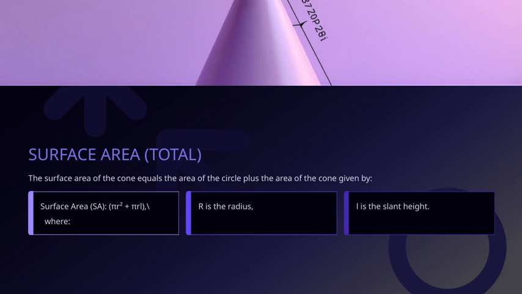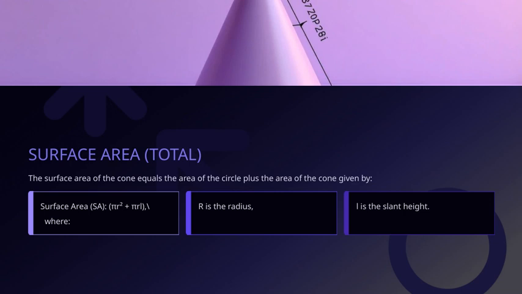The total surface area is then the sum of these two parts. The formula we use is surface area, or SA, which equals pi times the radius squared, plus pi times the radius times the slant height. Now, to clarify the variables, r is the radius of the base, and L is the slant height, which is the length from the tip of the cone down to the edge of the base along the surface.